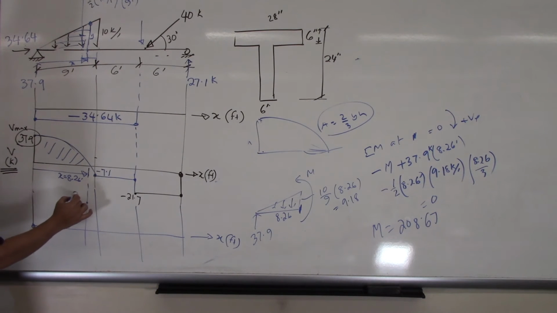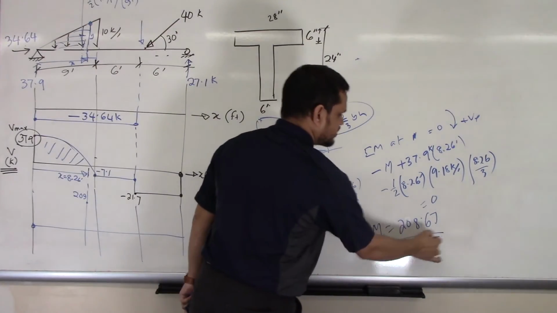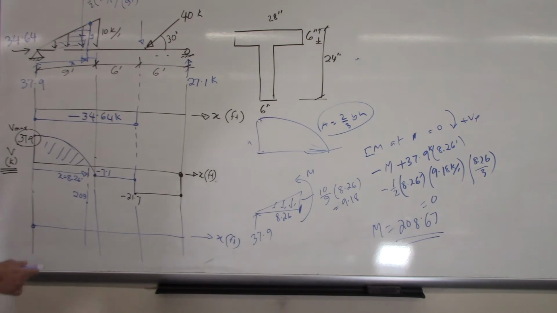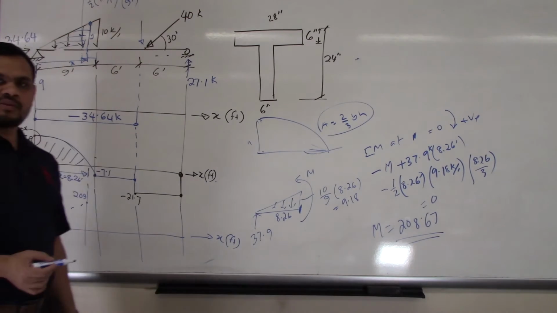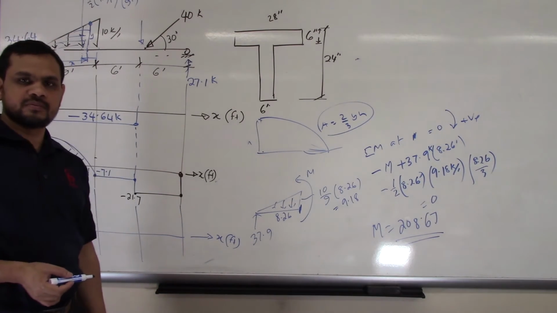Now here my moment is say 2.9, because 208 is very close to 209. We can round up. Now how will I go there? First of all, when we are concerned about maximum moment only, we are not concerned about shape.